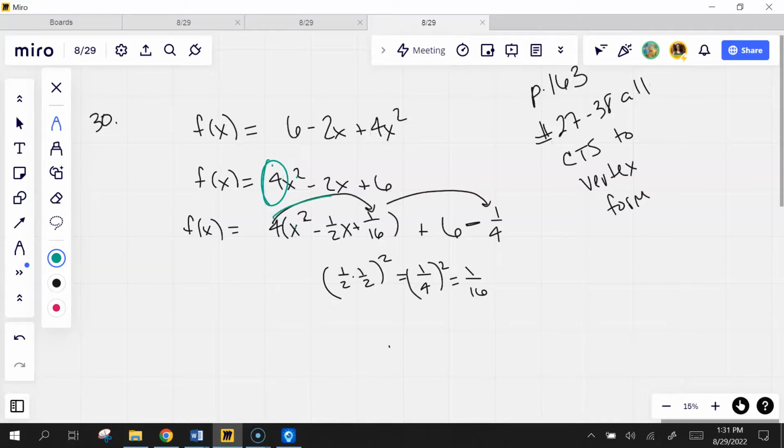So it's 4 times 1/16, and that's what gets subtracted here. This is always A times C. So I had to divide by the 4 there. So it's 4 times x squared minus, and then I had that 2x that I divided by 4, which is 1/2.